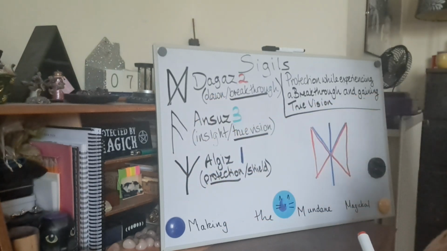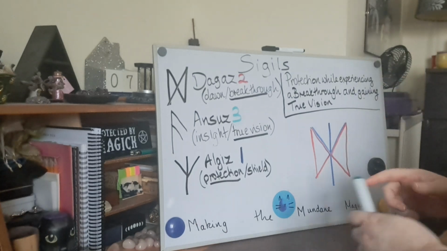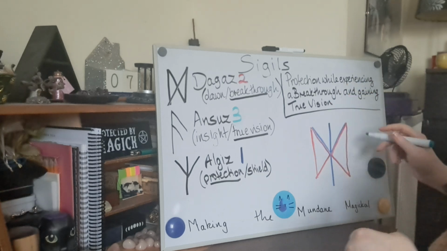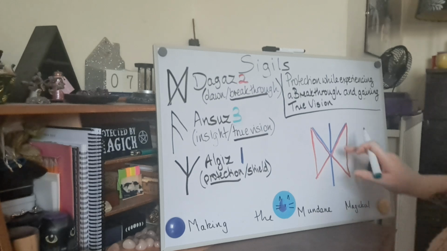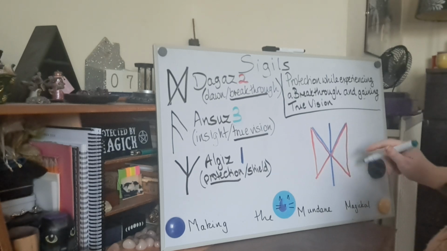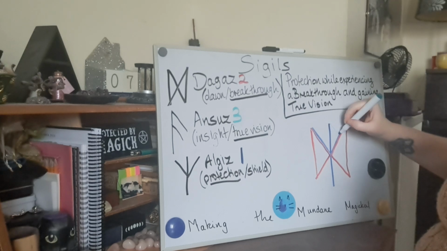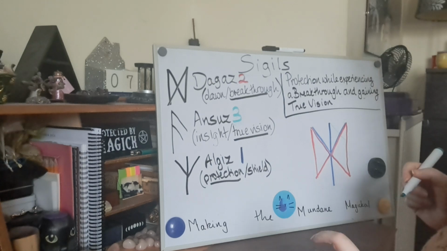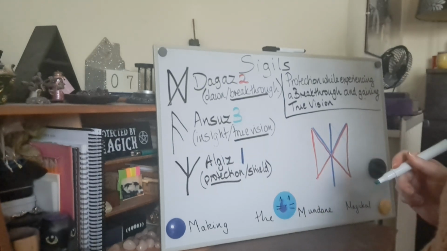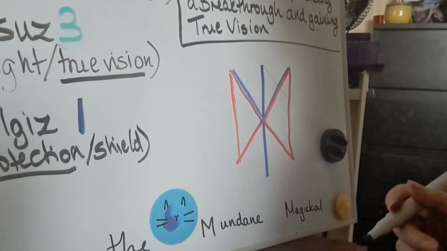So now we've got Ansuz. We can add this one in wherever we want. So we could have Ansuz come down from here and come across, which would kind of make a double Dagaz, because it would come across. Kind of don't think you can see that. So let's see if I do that. Can you see?